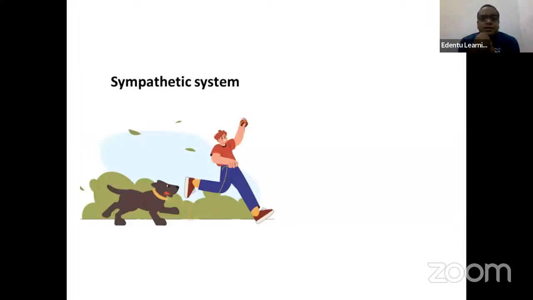So, my dear first year medical students, open your ears and hear it very clearly. Whenever I talk about the sympathetic system, just imagine 3 or 4 dogs running behind a person. You can see a photograph on your screen. Now, what will happen?